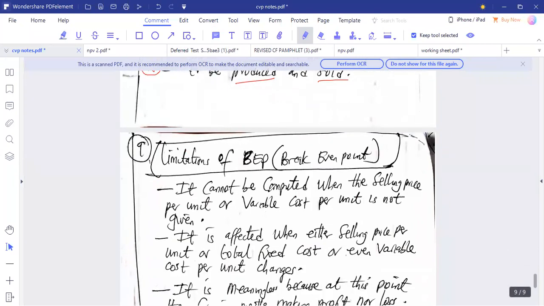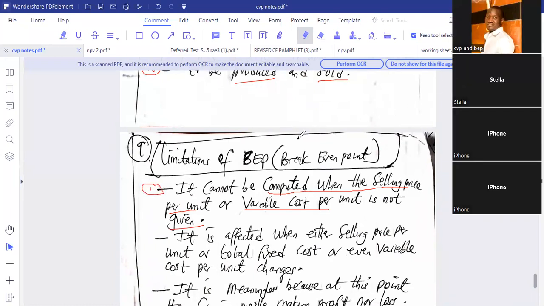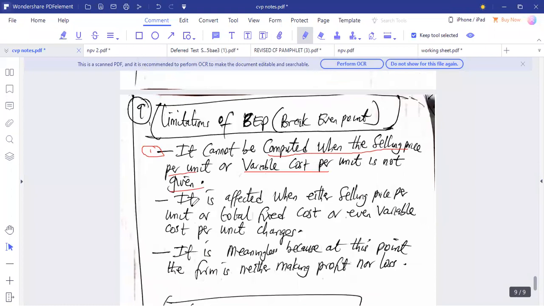It cannot be computed when the selling price per unit and variable cost per unit are not given. So that is a limitation. Okay. Then it is affected when one of these variables change.